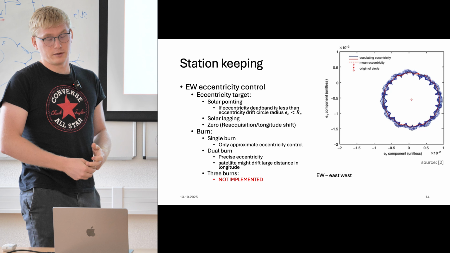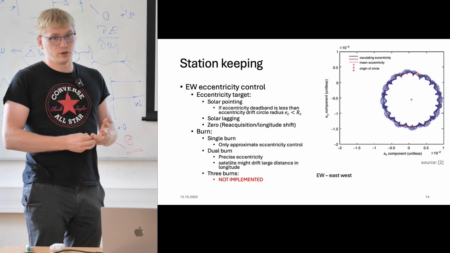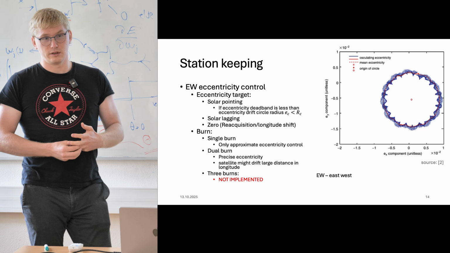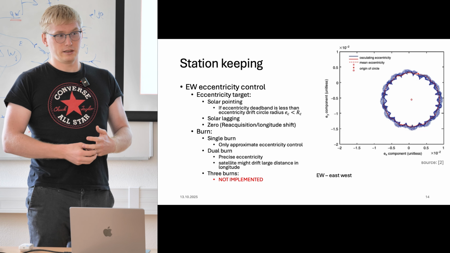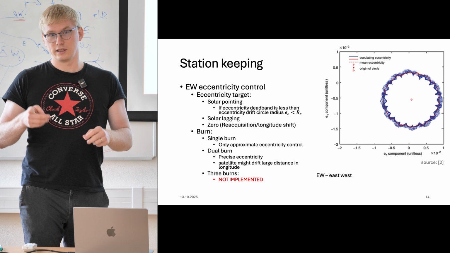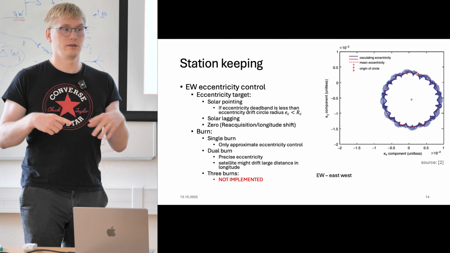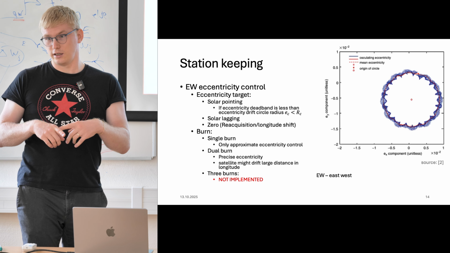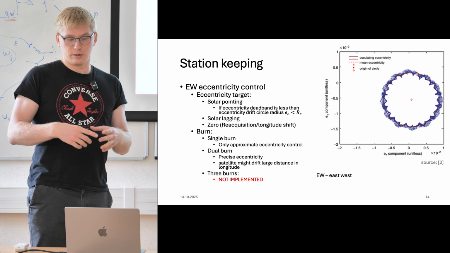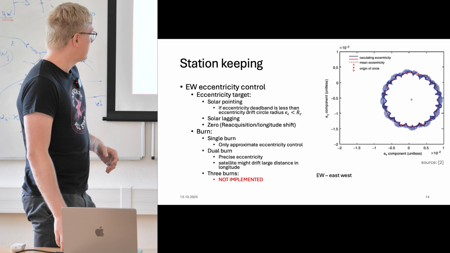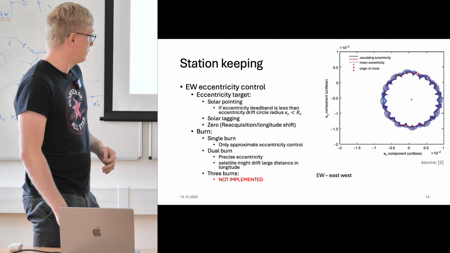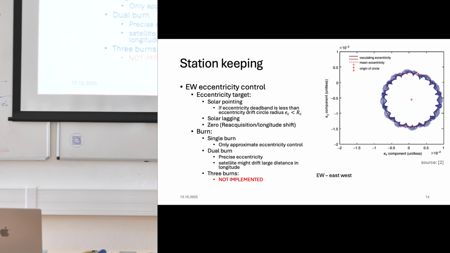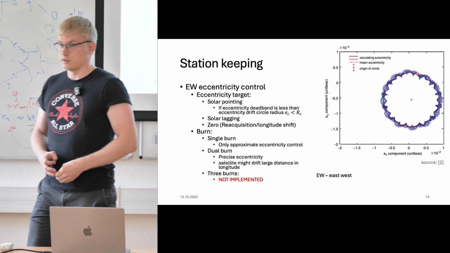While the tangential burns mainly correct the semi-major axis, there is also a different kind of change in eccentricity, and this you can achieve by carefully positioning the location of these east-west burns to get a parasitic effect and change the eccentricity to also keep it in some allocated dead band.